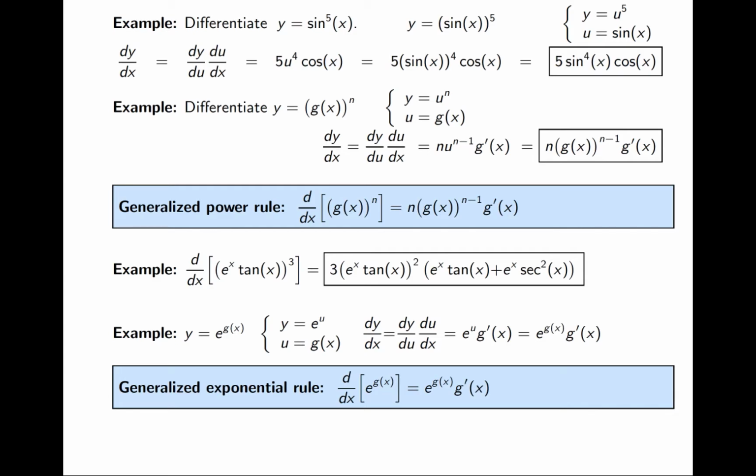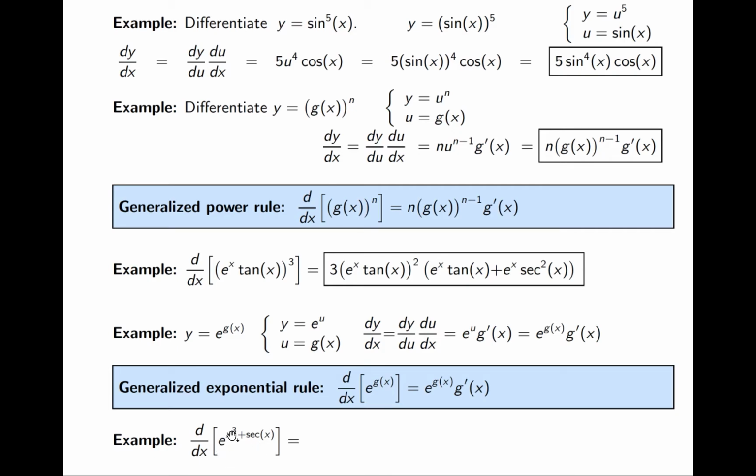So this basic pattern of differentiating e to the power of a function occurs so often that we have our own rule for it, the generalized exponential rule. So for example, imagine we have the derivative of e to the power of x cubed plus secant x.